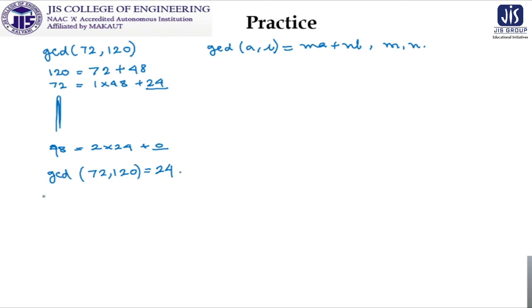Now the question is, 24 can be written as m into 72 plus n into 120. What will be the values of m and n? This is now the question. So look at this. I can write from the backward direction of this calculation that 24 can be written as 72 minus 48.